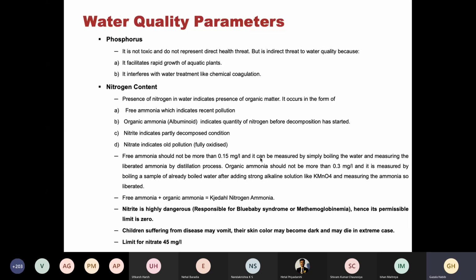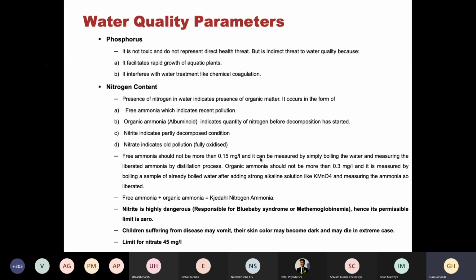Nitrite indicates partly decomposed condition, and nitrate indicates old pollution, meaning the fully oxidized, decomposed condition of nitrogen inside the water.